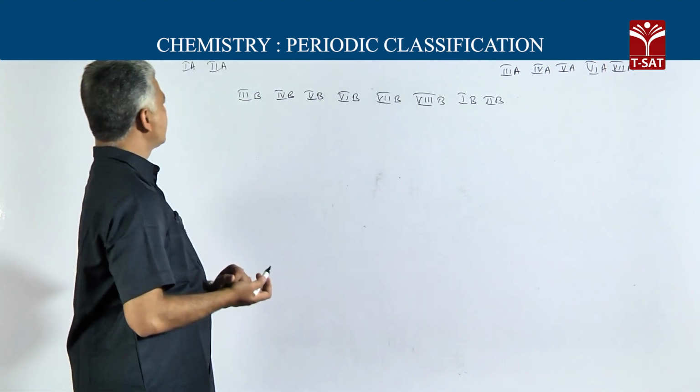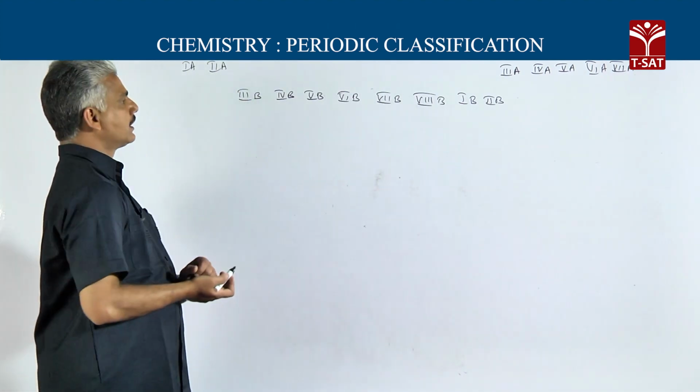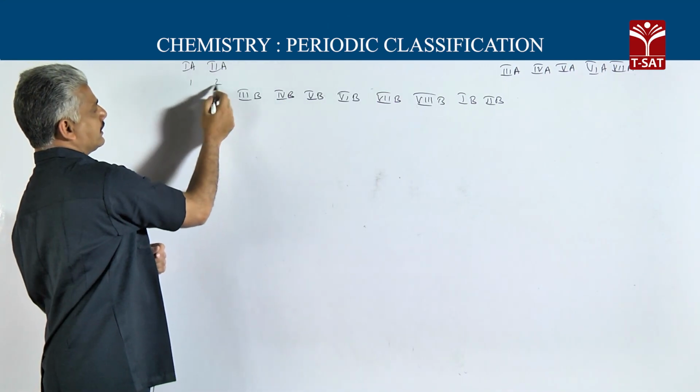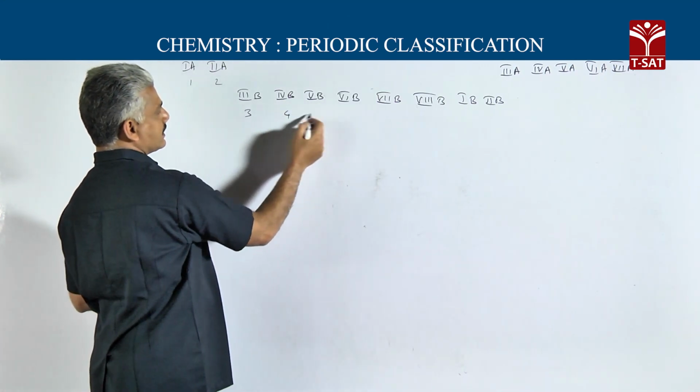That is the sequence order of groups. According to IUPAC convention, they can be numbered like this also.